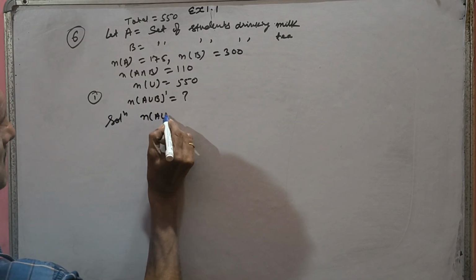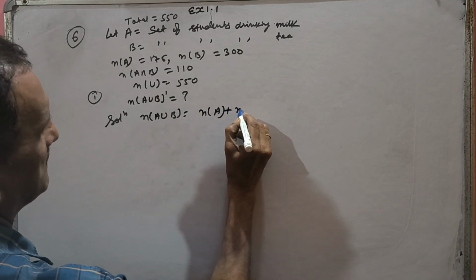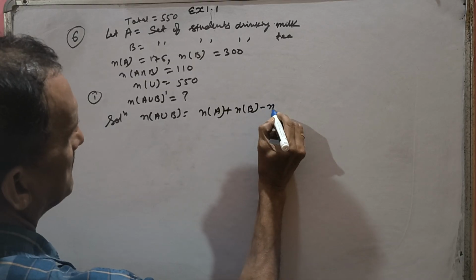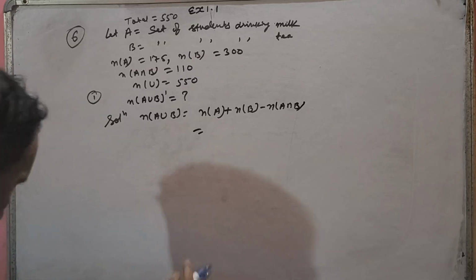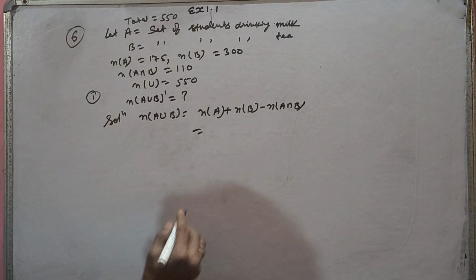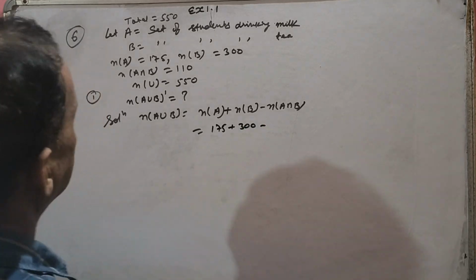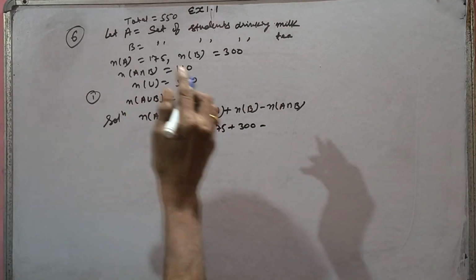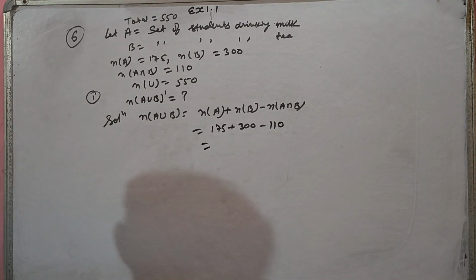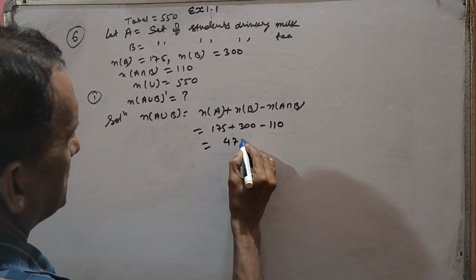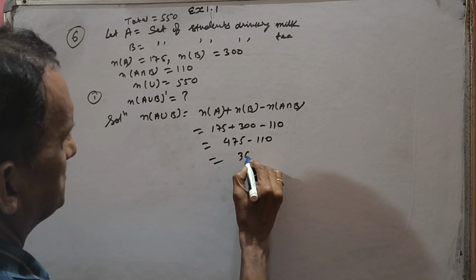The formula is n(A) plus n(B) minus n(A intersection B). n(A) is given 175, plus 300, and n(A intersection B) is given 110. So when we calculate, 475 minus 110 is equal to 365.